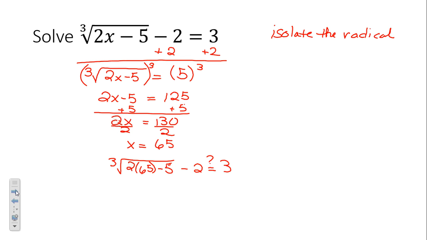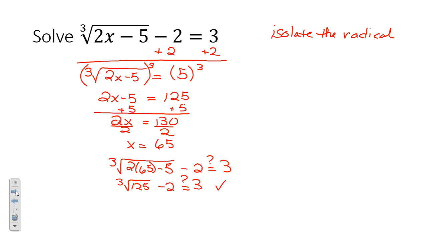So what's 2 times 65? 130 minus 5. So we'll have the cube root of 125 minus 2. Will that be equal to 3? Yes, because the cube root of 125 is 5. 5 minus 2 is 3. So it checks.